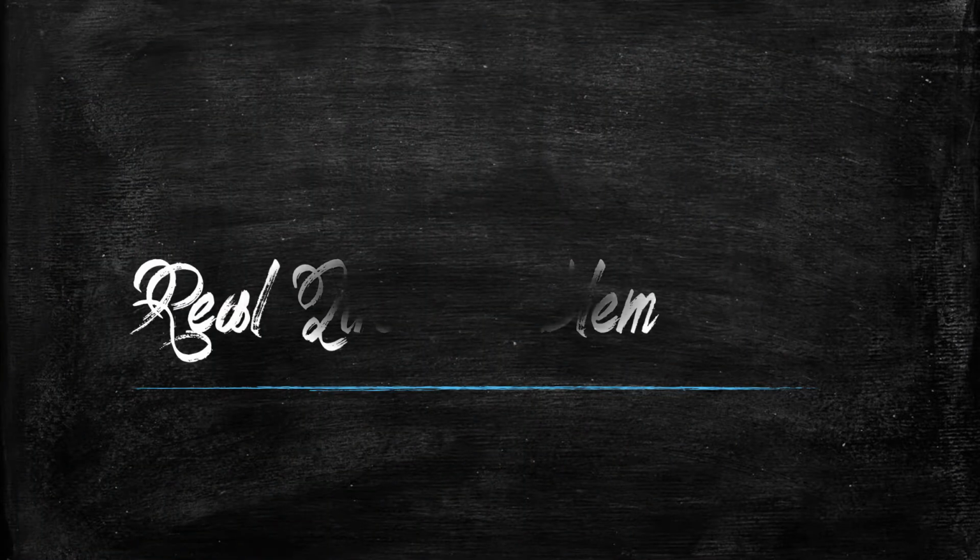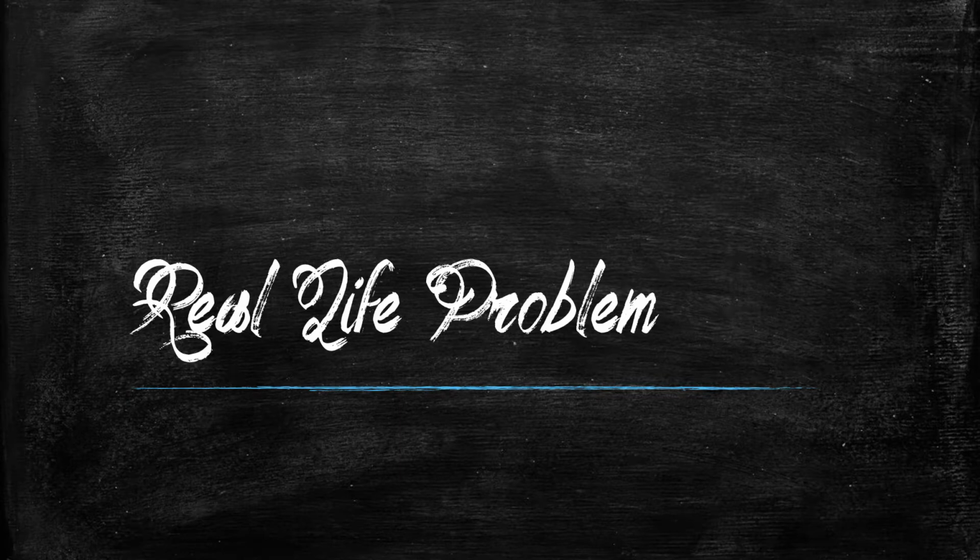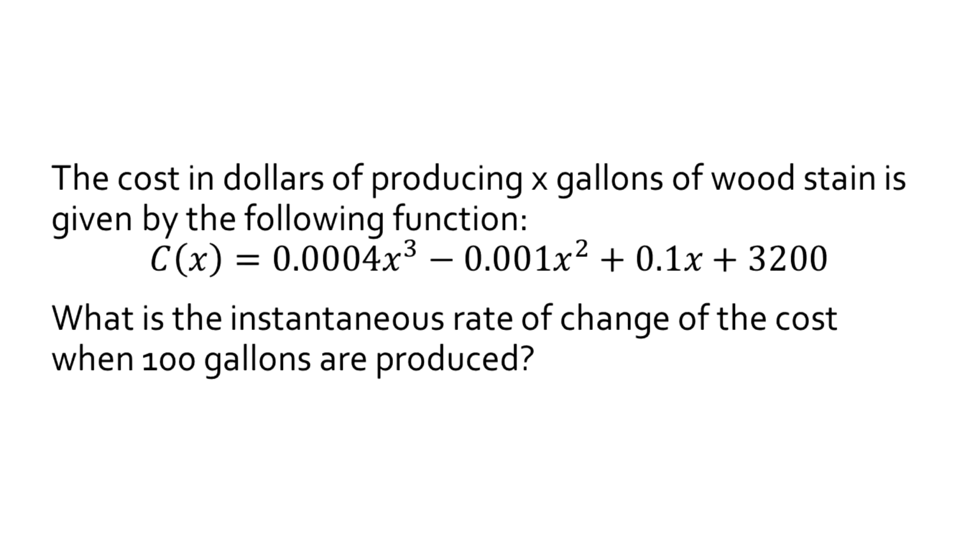Now, we're going to solve one real-life problem using derivatives. The cost in dollars of producing x gallons of wood stain is given by the following function. C of x is equal to 0.0004x cubed minus 0.001x squared plus 0.1x plus 3,200.